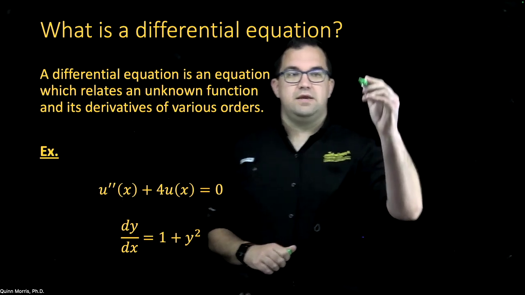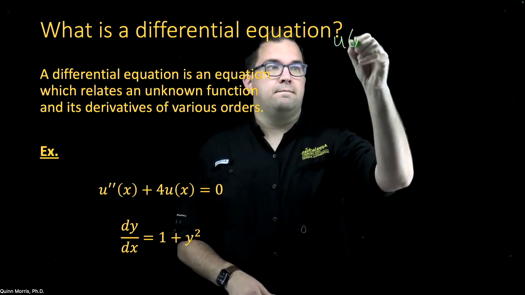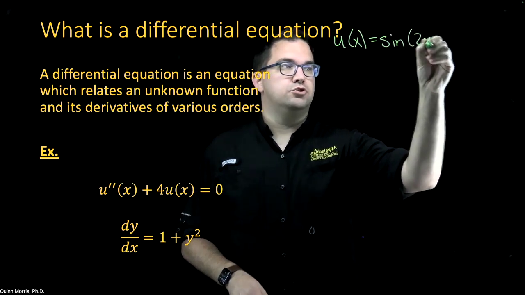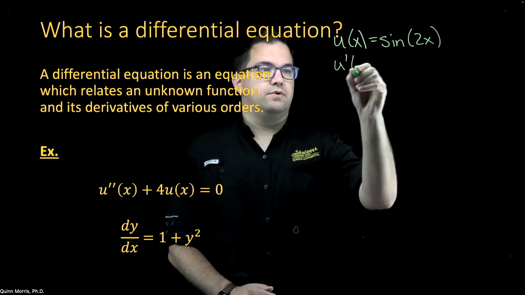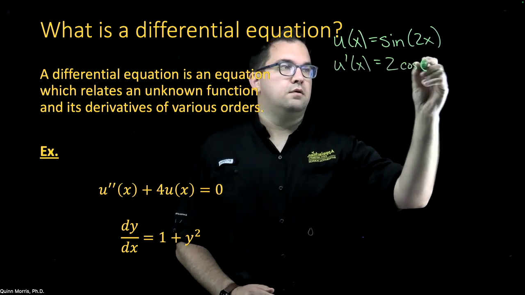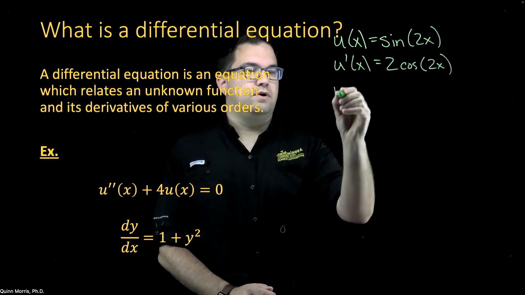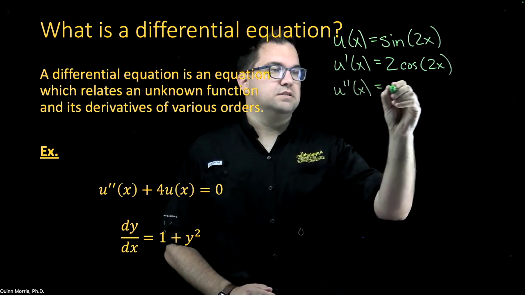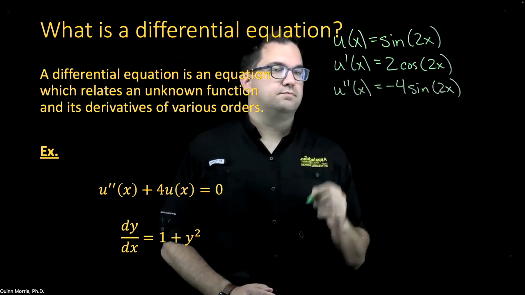Now we can observe here that the function u of x equals sine of 2x is a solution. If I take a first derivative, that gives me 2 cosine of 2x. One more derivative gives u double prime of x equals negative 4 sine of 2x.